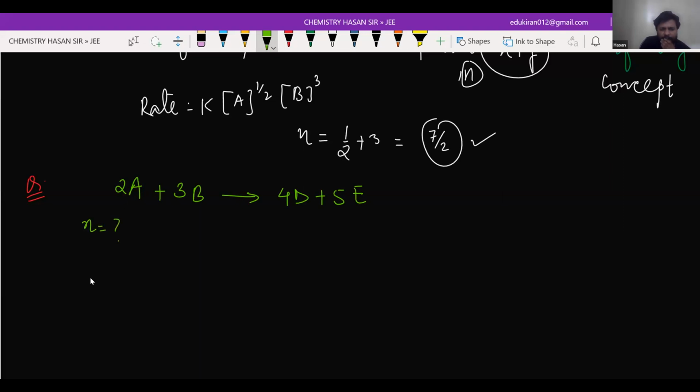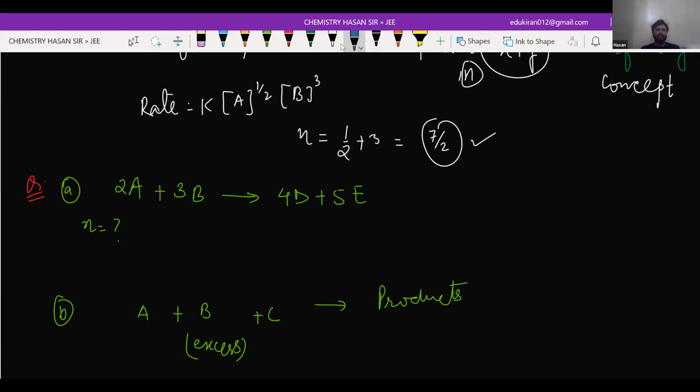These are all elementary reactions. If it is given in a single step, it is an elementary reaction. B is in excess. Give some products. Elementary reactions are.